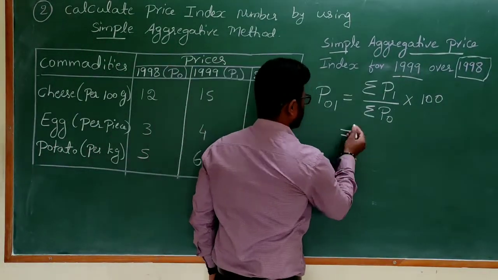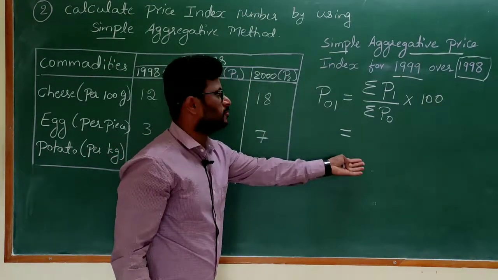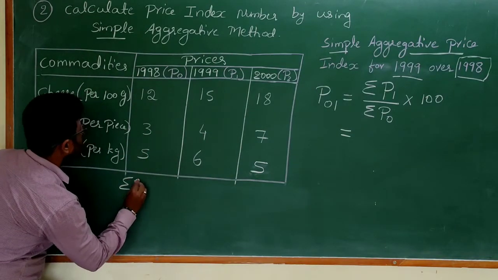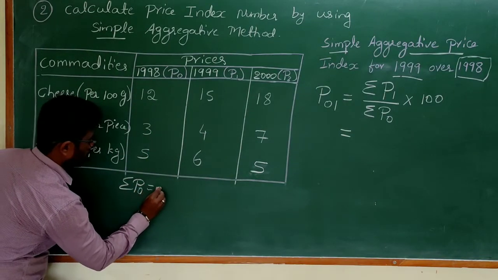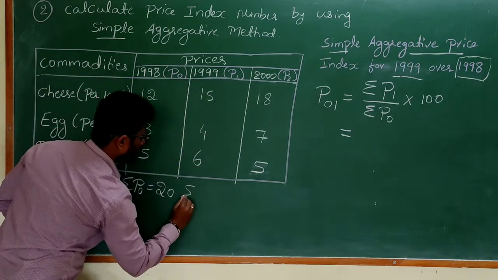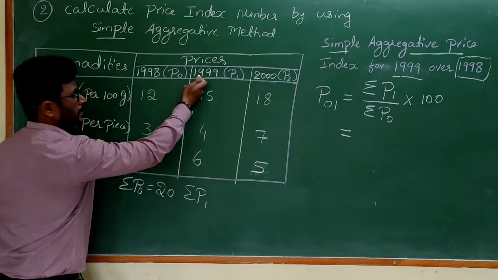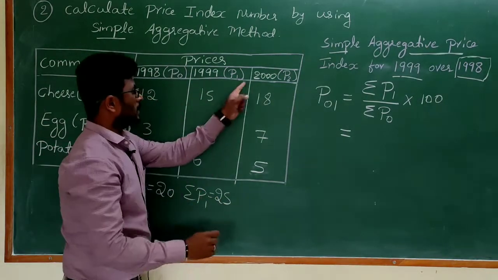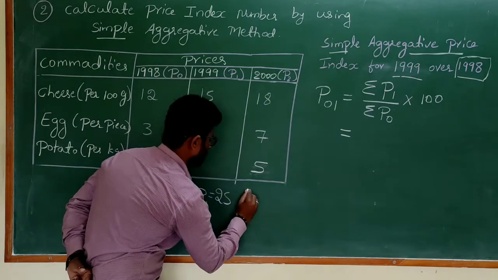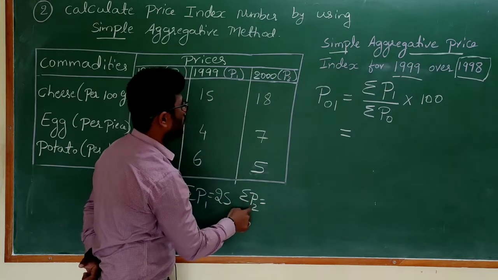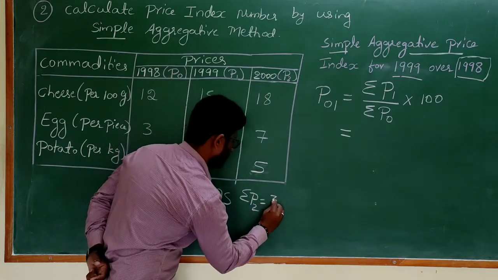Before applying the formula we should make a total. In 1998 the total, sigma P0, is 20. In 1999 the total of current year prices, sigma P1, is 25. In 2000 the total of the current year, summation of P2, is 30.